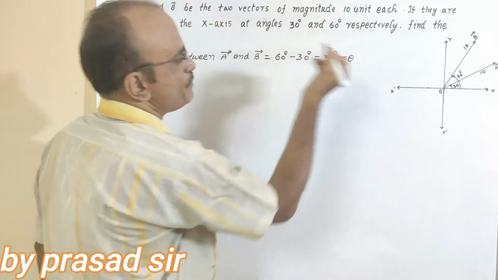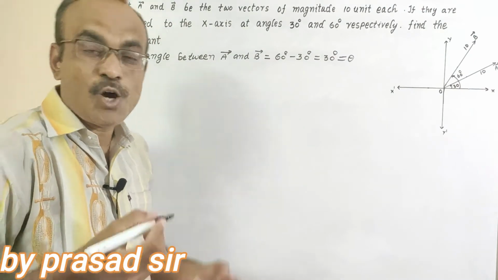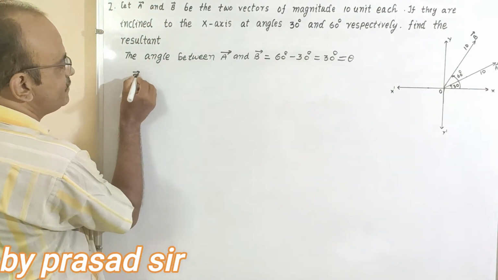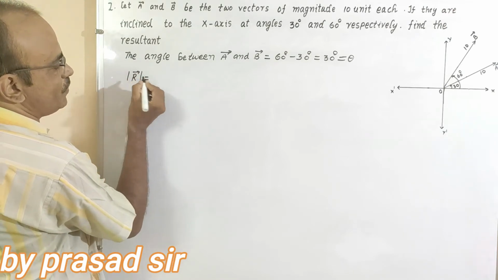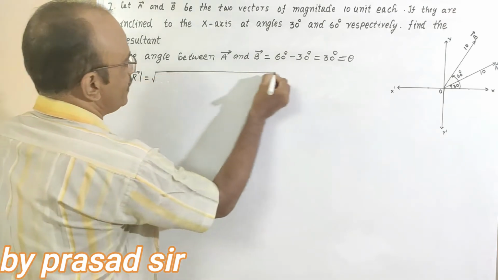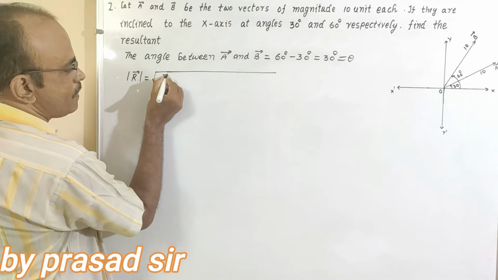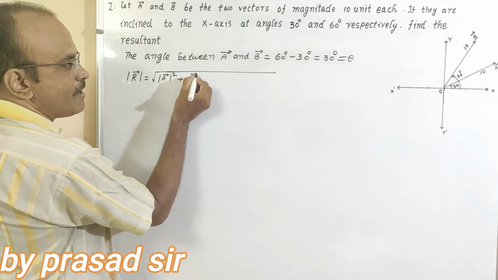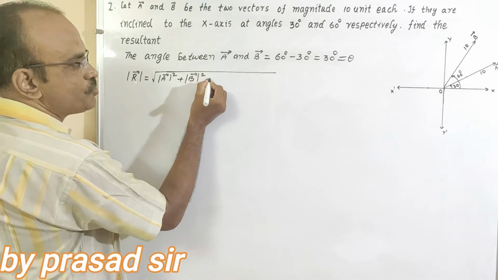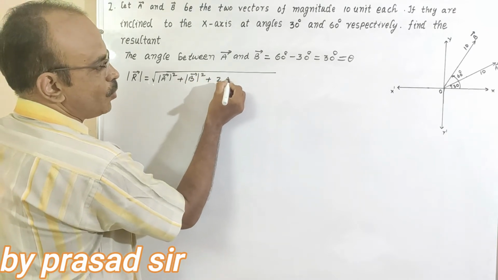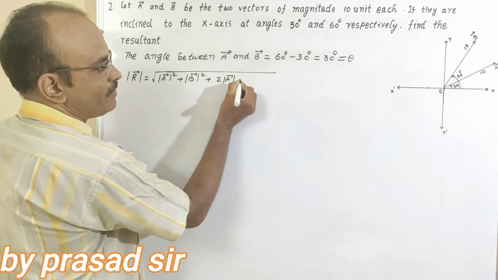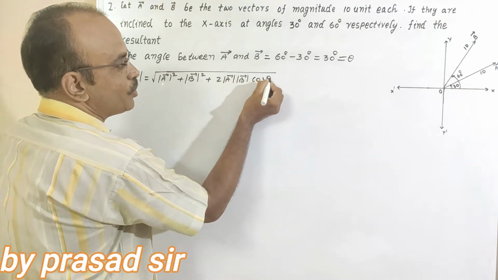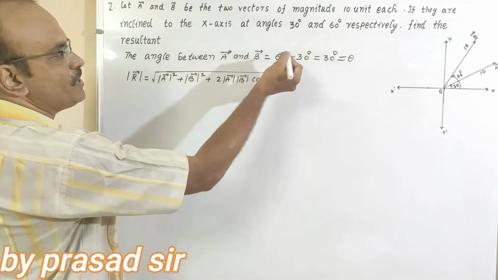That is represented by theta. Now I want to find the resultant. The formula for the resultant is R equals the square root of A squared plus B squared plus 2 A B cos theta. Now substitute the values.